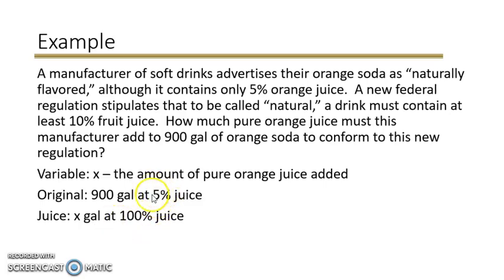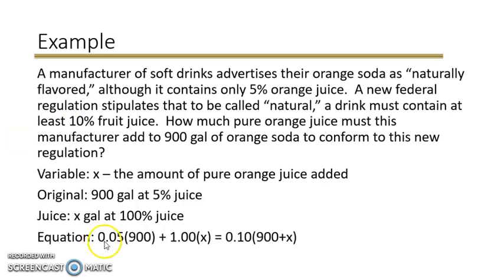So if I change my percentage to a decimal and multiply by the 900 and add it to this percentage as a decimal times X, I need to get 10% of my new amount, which is X plus 900, to be juice.